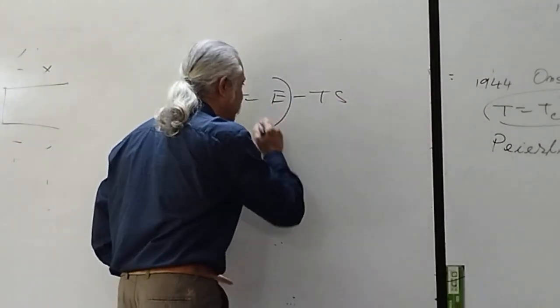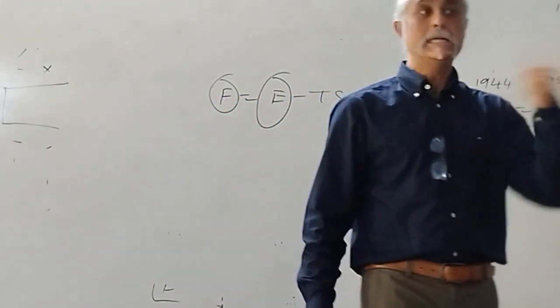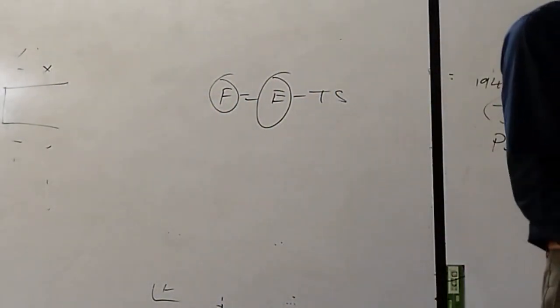At low temperature, minimum of F is achieved by lowering internal energy, by ordering them.